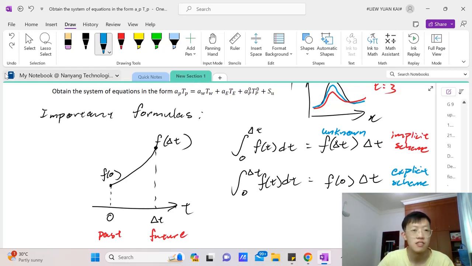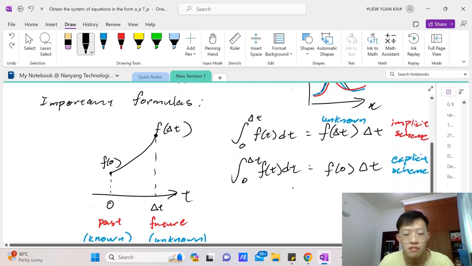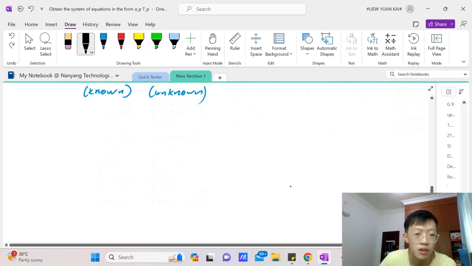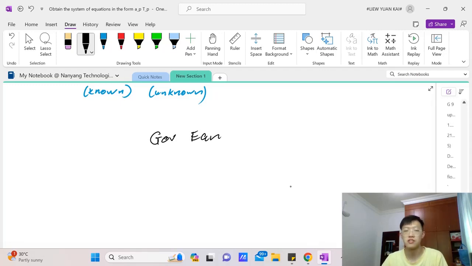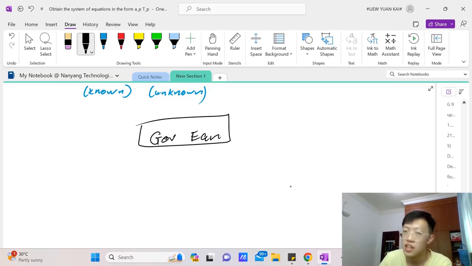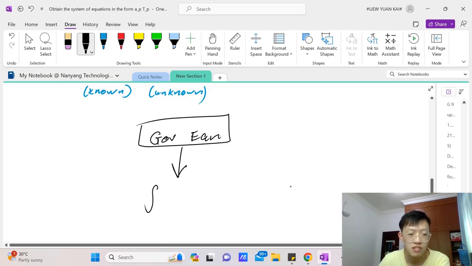So let me write down what's our flow of ideas. We always start with the governing equation, which is the transport equation, right? This flow follows the general flow of how we solve problems up to this point in the previous tutorials. You can check that out if you haven't. Then if we use FVM, the finite volume method, we always involve some integral, right?